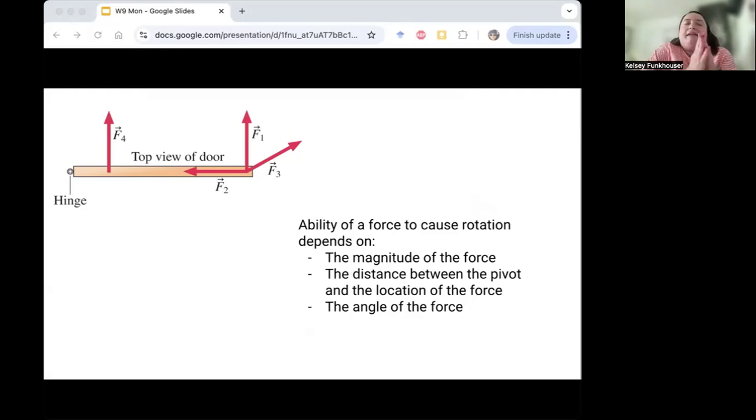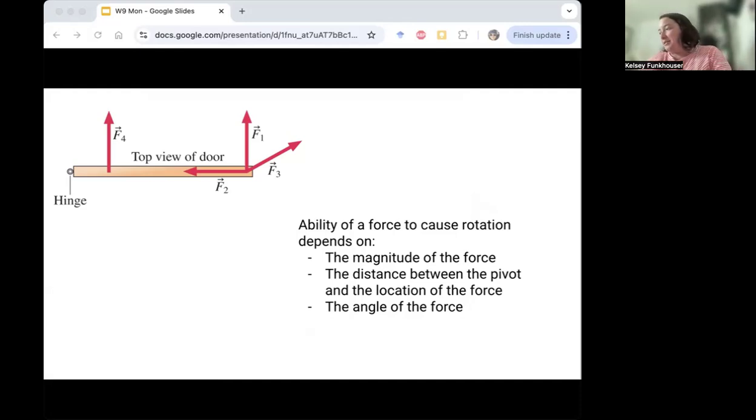So it should have been clear how the distance from the axis of rotation, the hinges in this case, changes how easy it is to get the door to rotate. You could have also recreated force 2 where you push along the door, and you might have seen that, well, that doesn't really do anything. It doesn't really make the door turn.